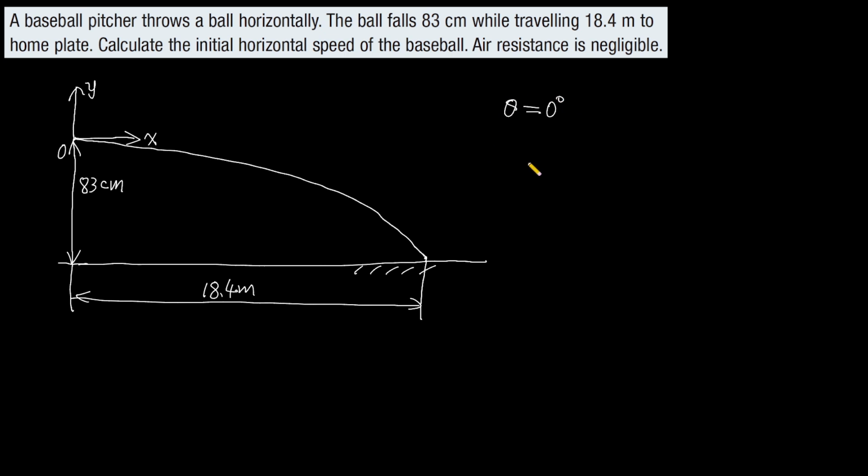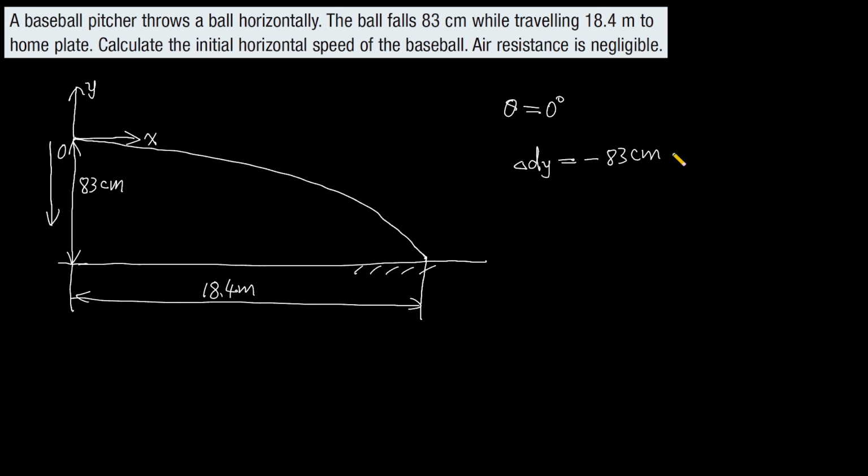And we also know its vertical displacement just equals negative 83 centimeters. It's negative because the direction of its vertical displacement is down, and it's opposite to the positive y direction.